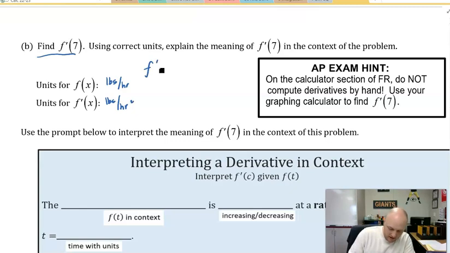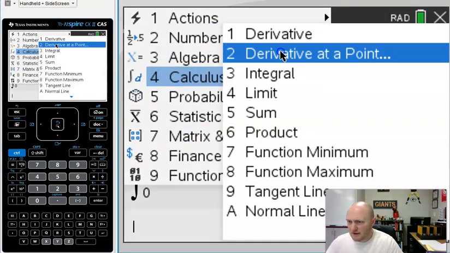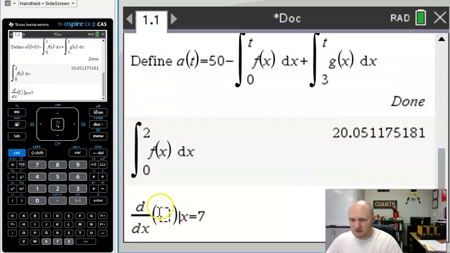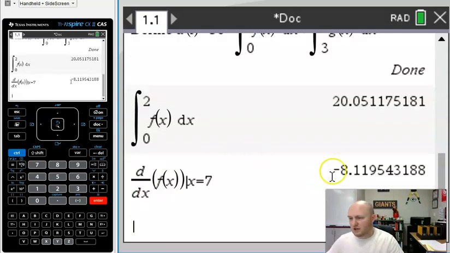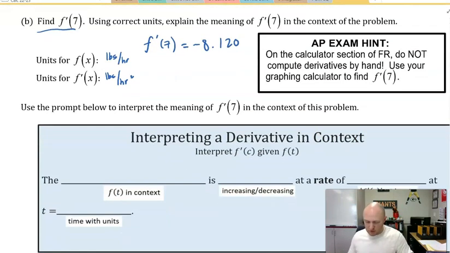And I'm going to say, okay, what is f prime of 7? We're going to go to our calculator, and we're going to take a derivative at a point. Okay, I want the derivative at 7. I'm going to say, okay, what's the derivative of f of x dx at 7? And that's negative 8.120. I'll round, negative 8.120.